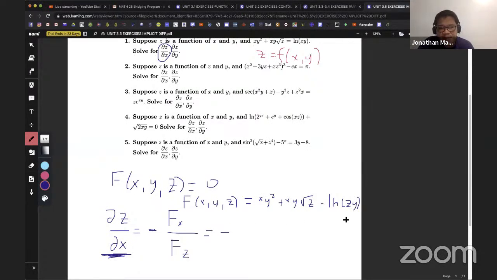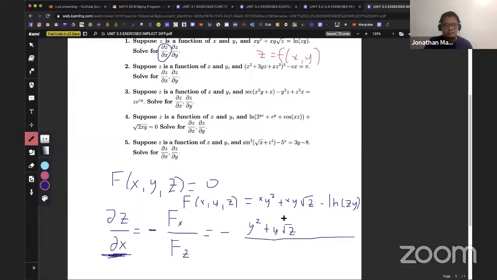That will be y squared plus y square root of z. The derivative of ln of zy with respect to x will be 0 because it has no x variable. Over, then for the denominator, you take the derivative with respect to z.